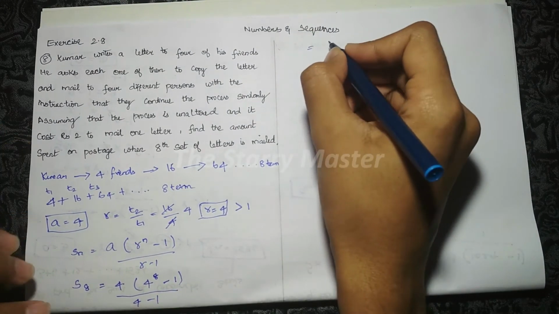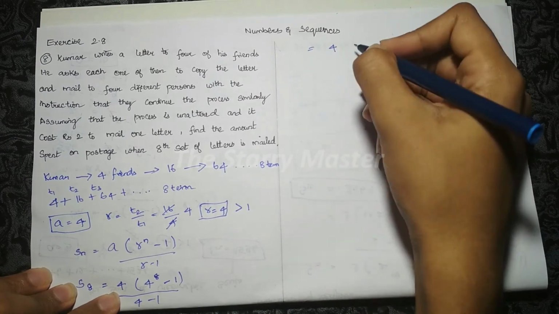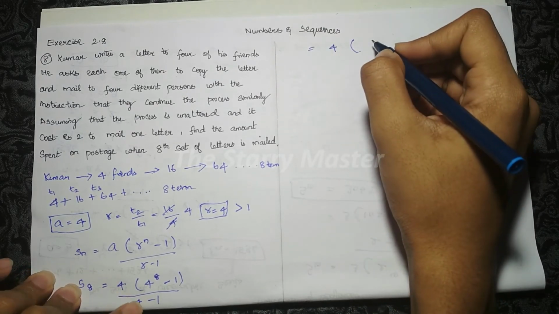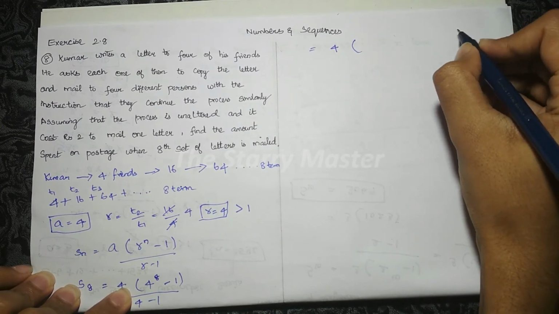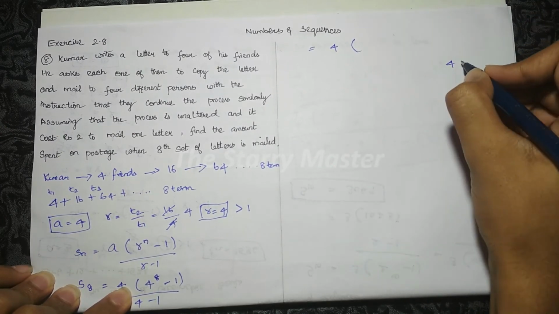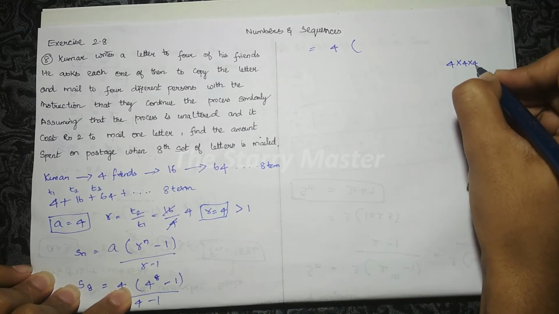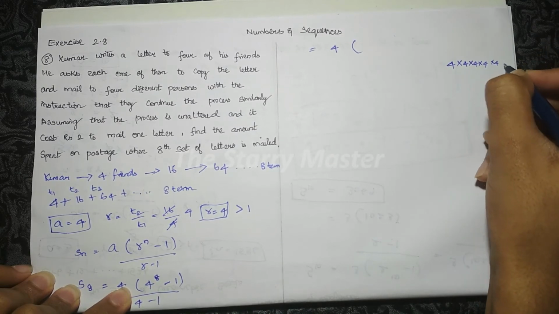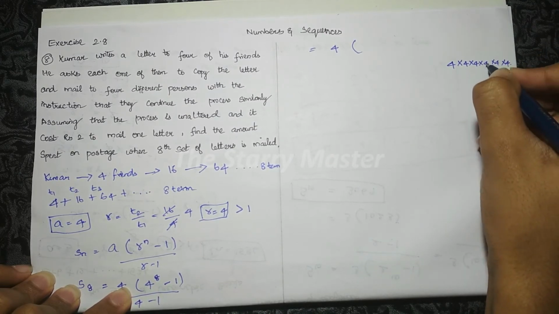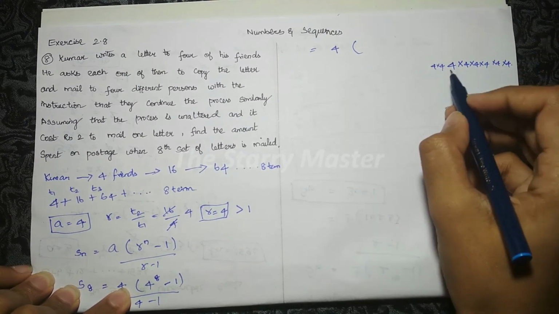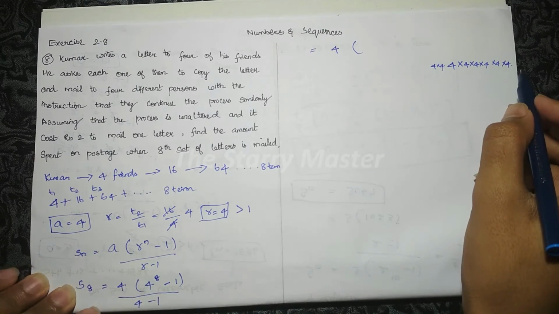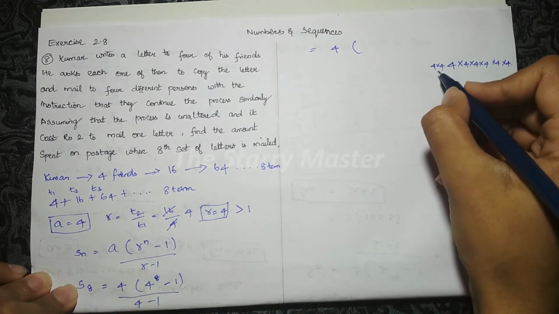So let's take 4 as it is, and we need to find 4 power 8. For that we do 4 into 4 into 4 into 4 into 4 into 4 into 4 into 4, 8 times.